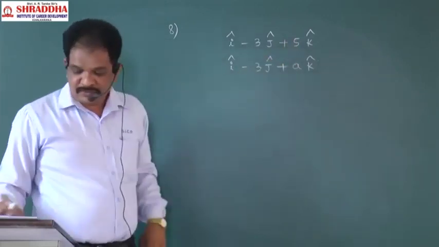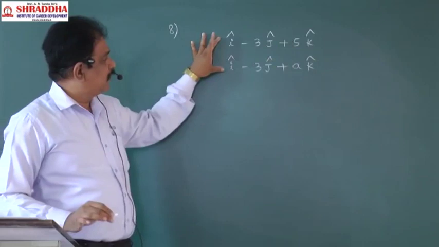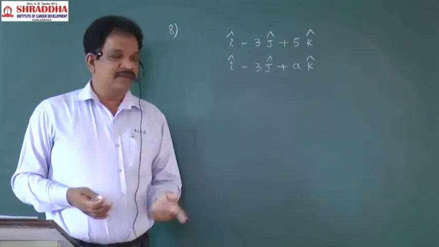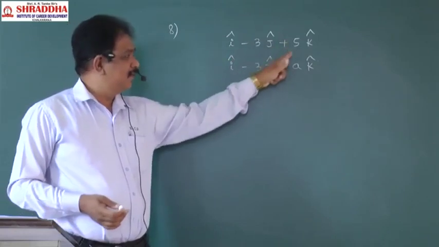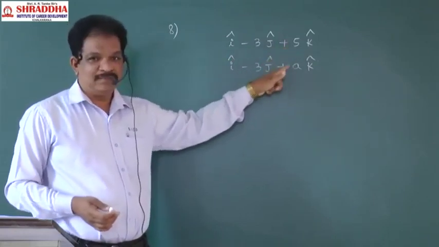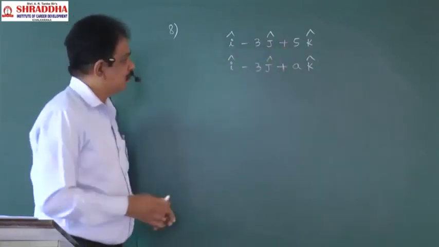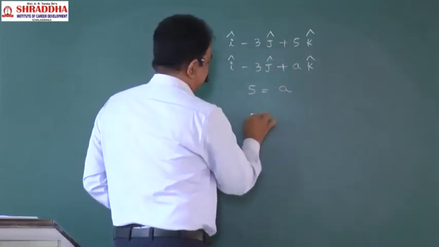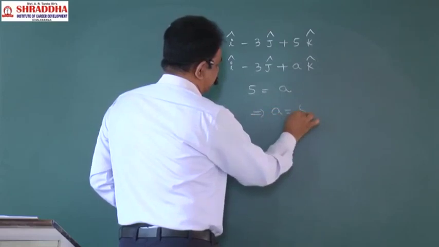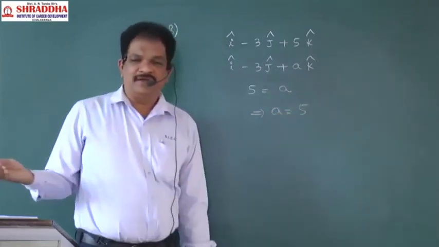When these two are equal vectors, these values are equal. So, equal vectors means the components are the same. Here 1, 1, minus 3, these two will be same. So, A is equal to 5. Equate the components.